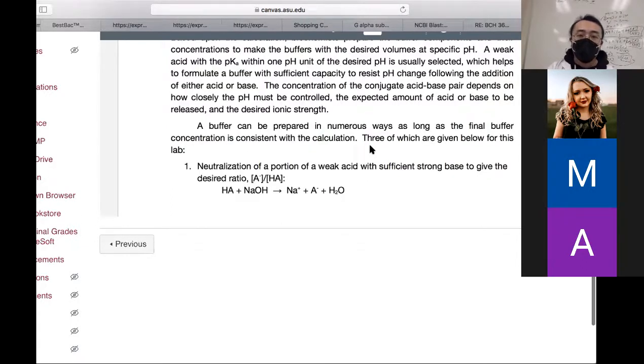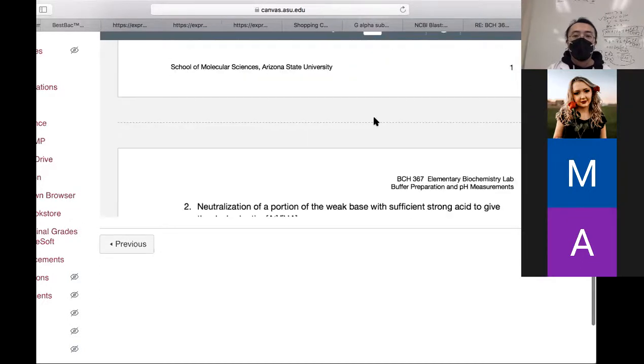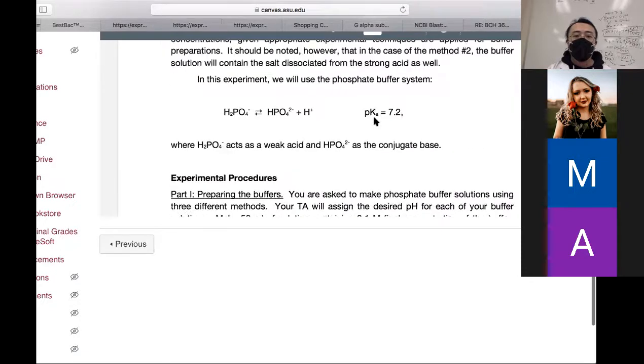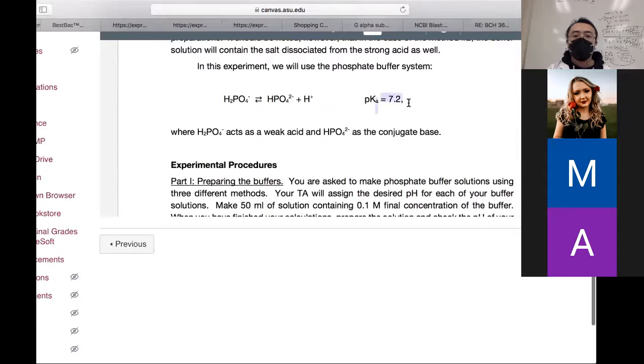So for today's lab, like I said, we are going to use three different methods to make the buffer. I think most of you have already read this handout, and you may see three pK values for phosphoric acid.